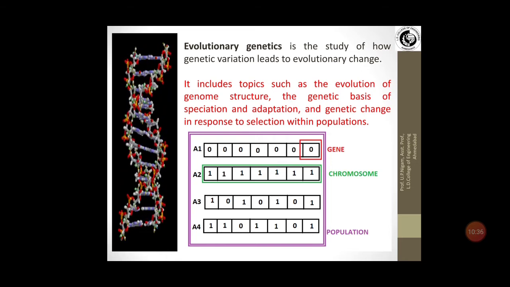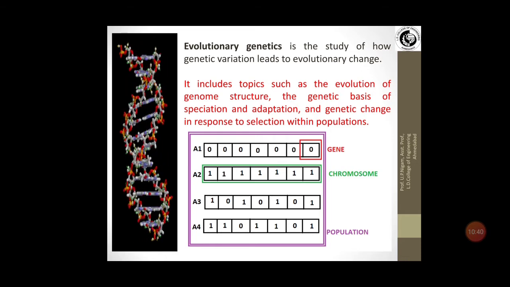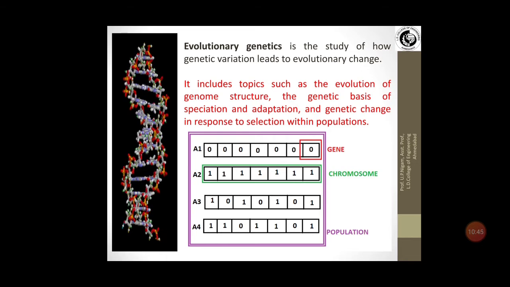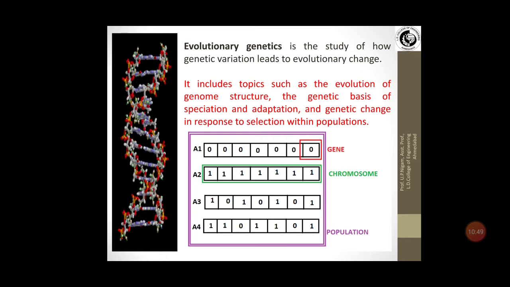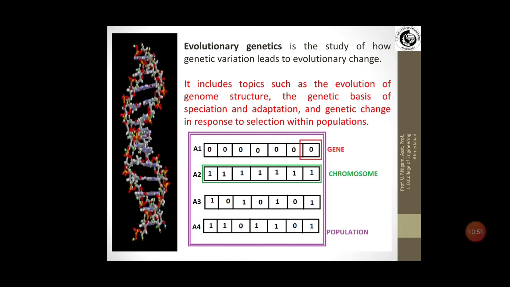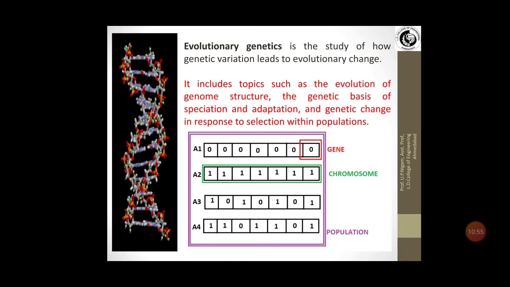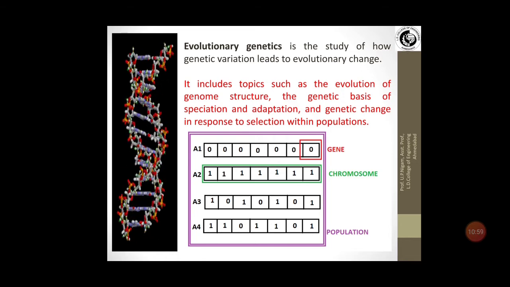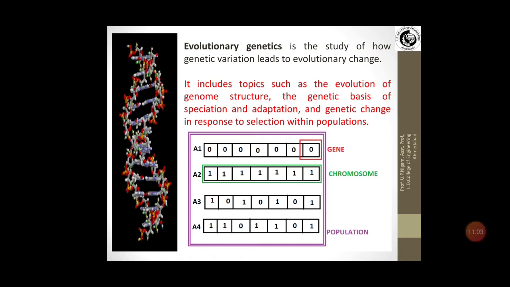For example, suppose this is the complete population, then you will be able to see one possible solution, or one possible set, that is a chromosome. So for example, A2 is one chromosome, A1 is one chromosome, A3 is another chromosome, and A4 is another chromosome. So these are the chromosomes, meaning possible solutions. Then you will see in the rectangular box, the gene is written over there. So a particular box is known as the gene.